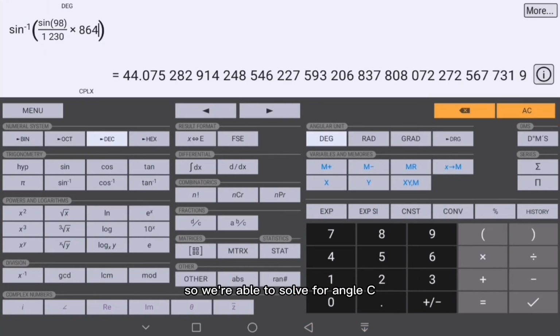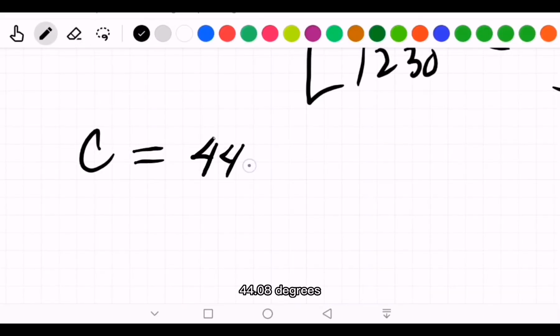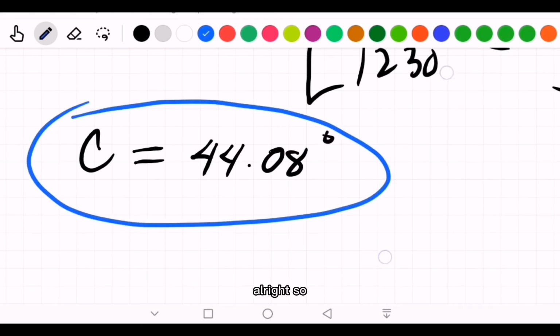So we're able to solve for angle C, and we'll just round this off to the nearest hundredths. So angle C will measure 44.08 degrees. So angle C right here will become 44.08 degrees.